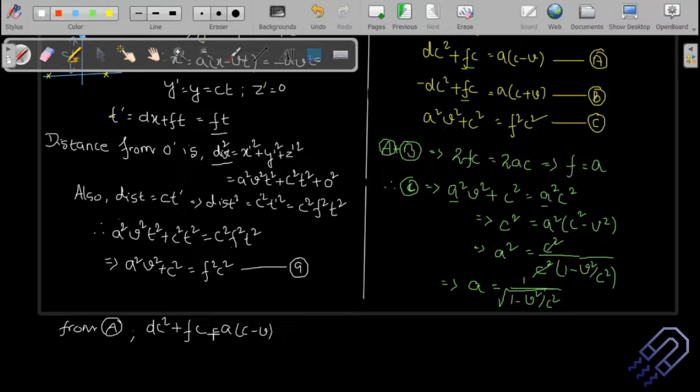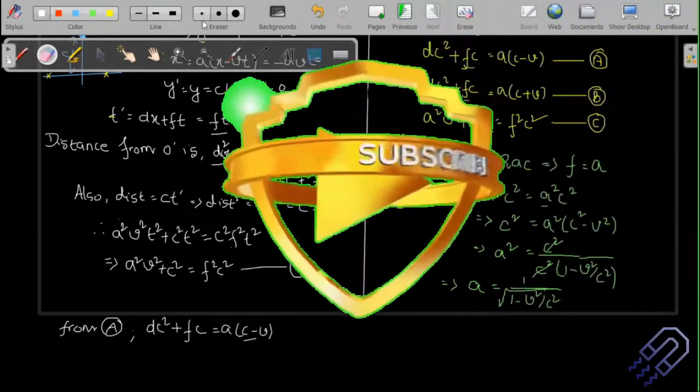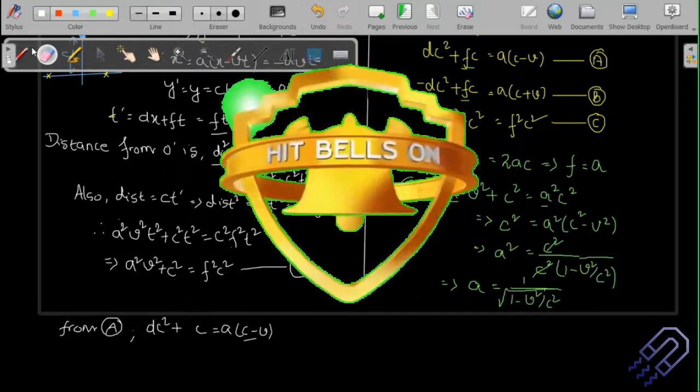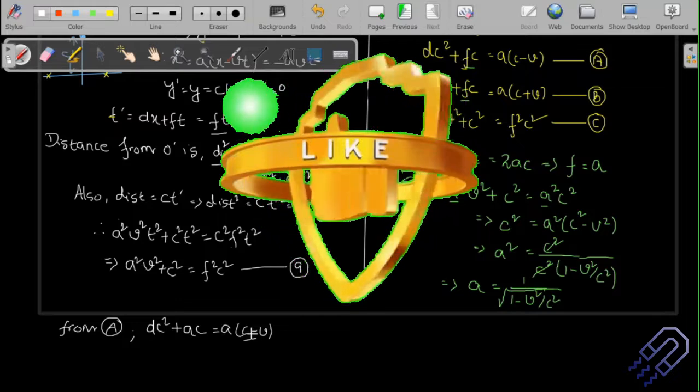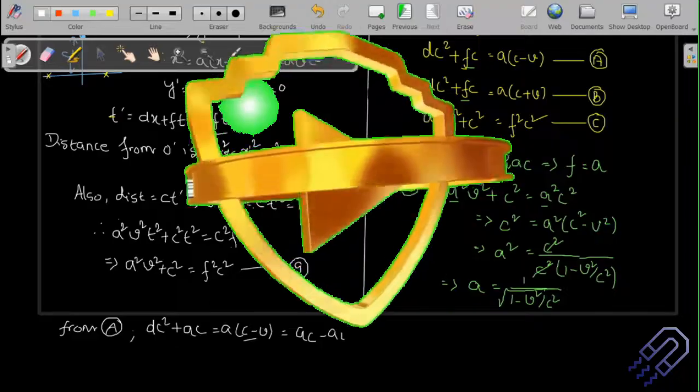And here we can actually do our replacements. In place of f, I will just rub it. You don't need to write down an extra line, but if you want, you can do it. In place of this f, I can write down an a, and on this side you can have it as AC minus AV.